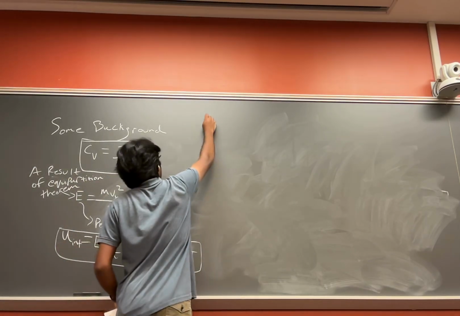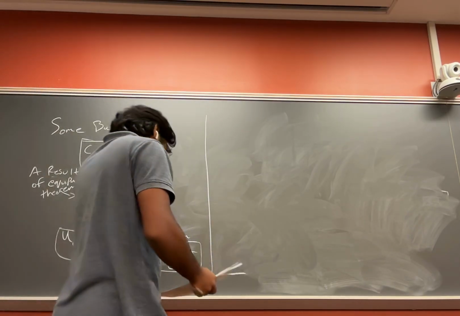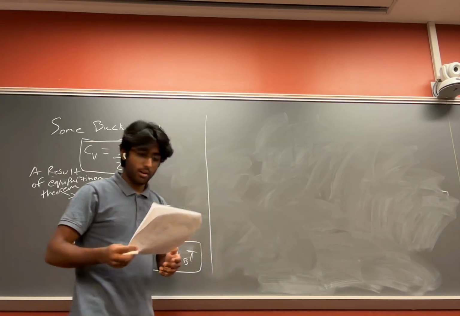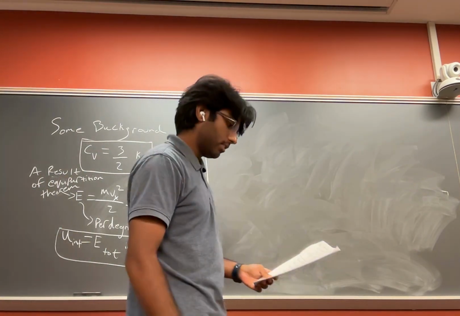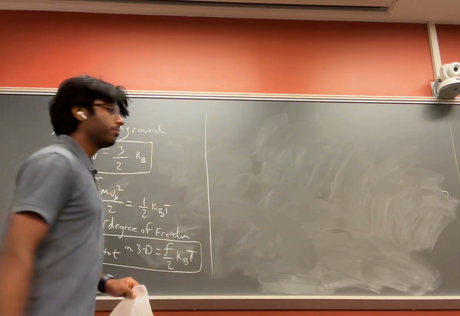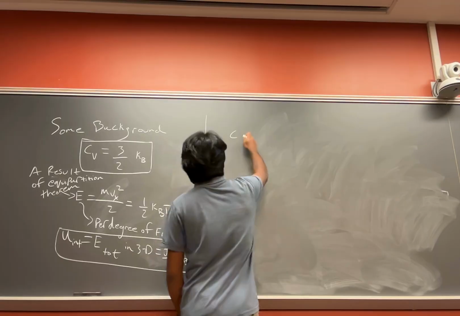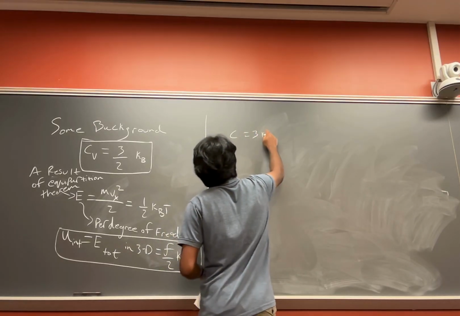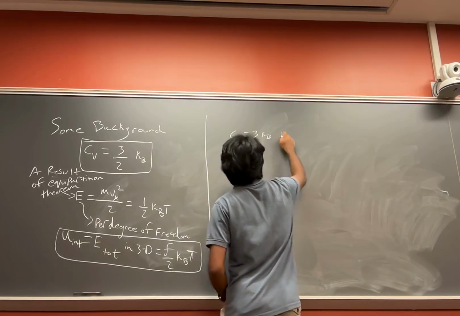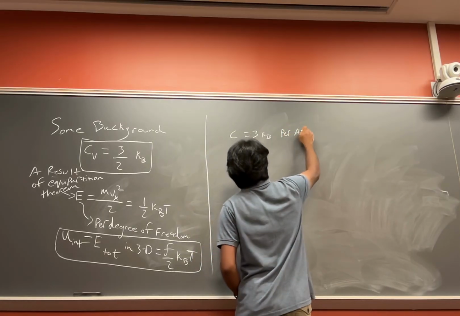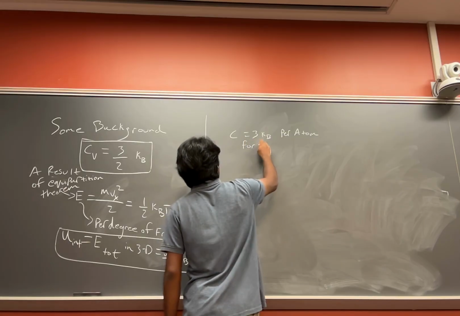So now, for many solids, the heat capacity, not at constant volume, just the heat capacity per atom ends up being this empirical result. C equals 3 kB per atom for many solids.